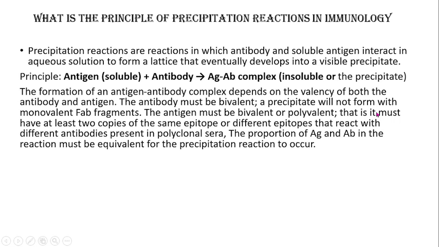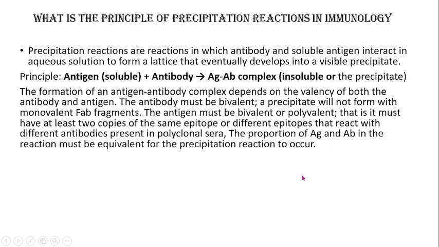That is, it must have at least two copies of the same epitope for the binding of the antibodies. So these antigens must possess two or more copies of the epitope, meaning they must be able to be bound by more than one antibody. Different epitopes react with different antibodies present in the polyclonal mixture.